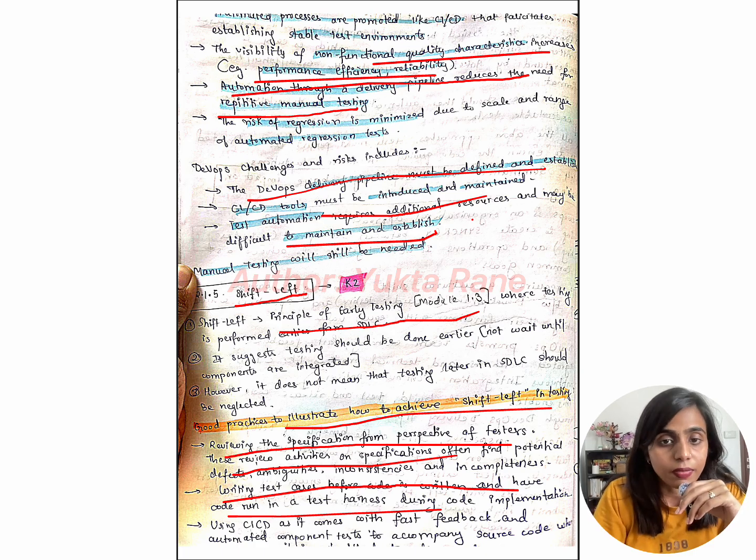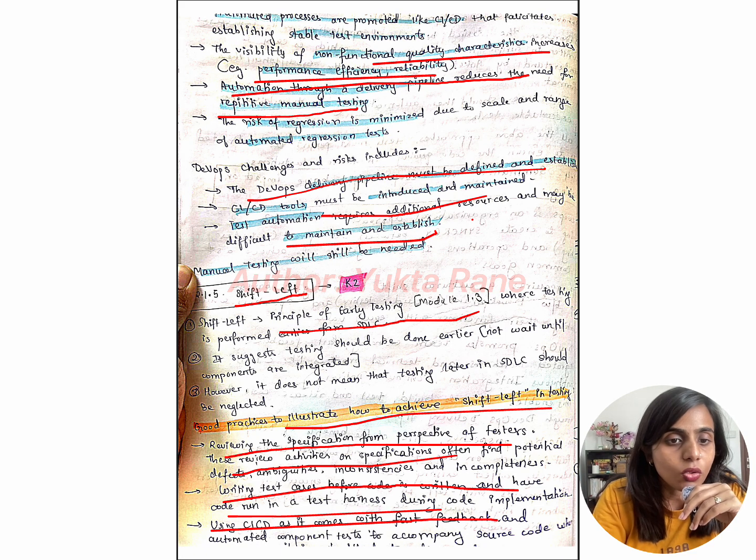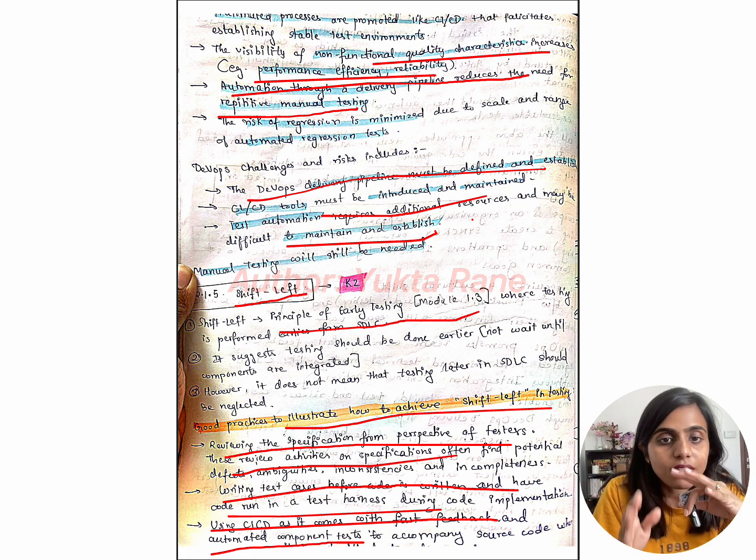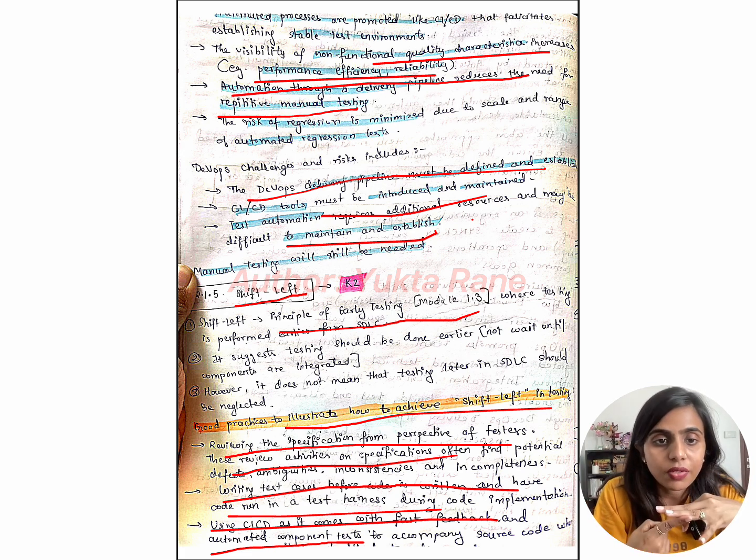Test driven development. Then using CI/CD, as it comes with fast feedback and automated component tests to accompany source code. All of these things that we have studied before: test driven development, choosing the right SDLC model, like iterative or incremental model, we also saw an example of it, and using CI/CD.